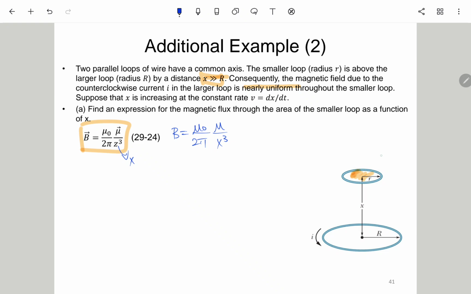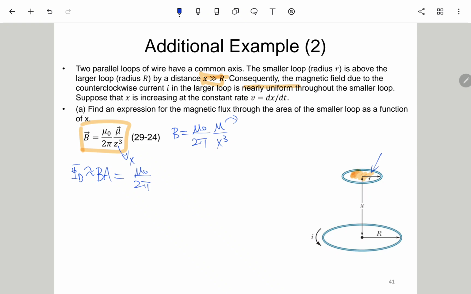And here we try to find phi B of this loop generated by the B field of the larger loop. So phi B we approximate to be B times A, which is mu 0 over 2 pi, and here this mu is the magnetic dipole moment.